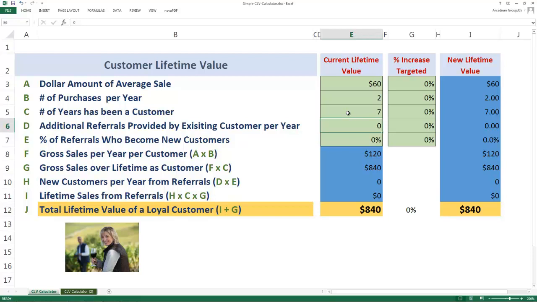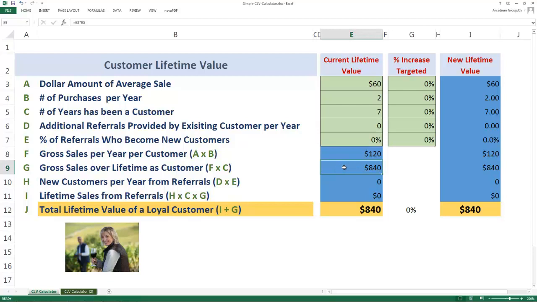But then the next thing, line D, is where it really starts getting powerful, because if you look down here at line G, the gross sales over lifetime as a customer without referrals, that customer is worth $840. And that's quite a lot of money.